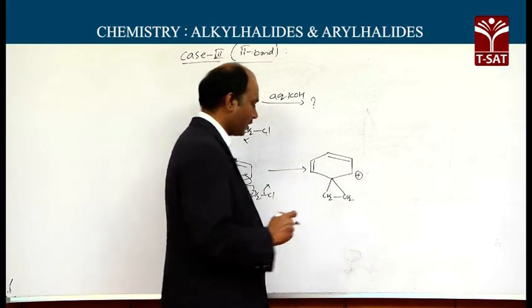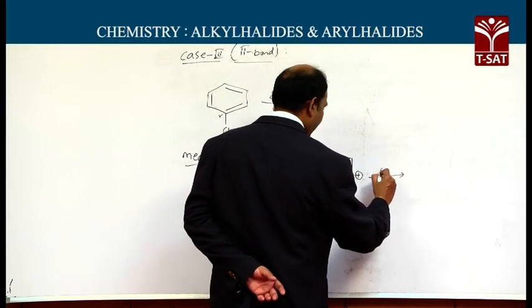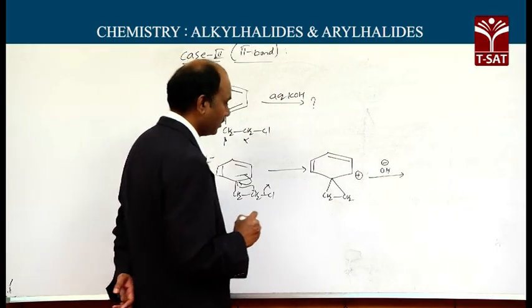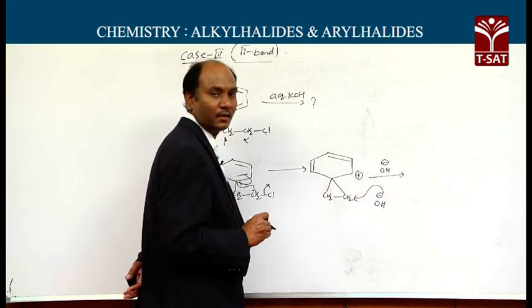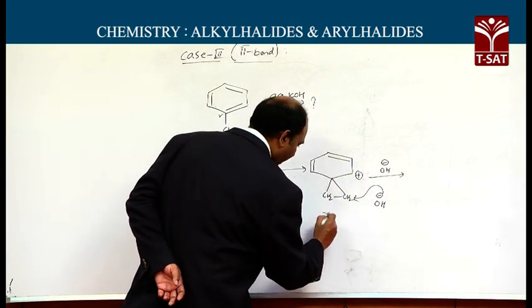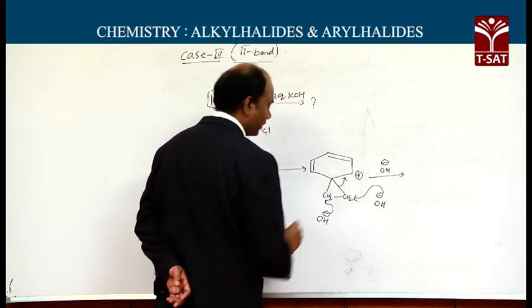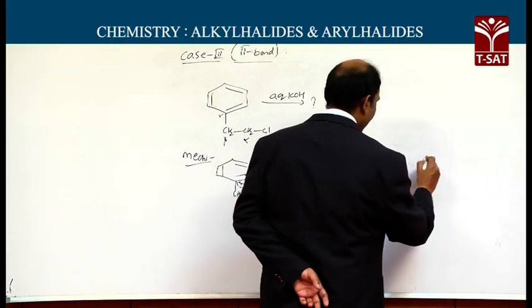After getting this positive charge, OH minus attacks. This OH minus may attack this carbon or this carbon. If it attacks here, this pi bond is migrated; if it attacks here, this pi bond is migrated. So what happens here?